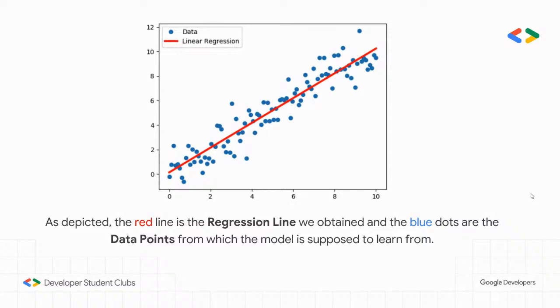And the red line that you see here is the regression line that we gain after plotting x and y hat. So this is what linear regression is.